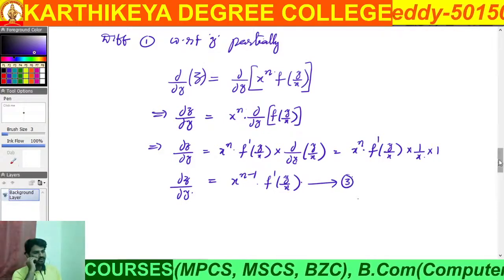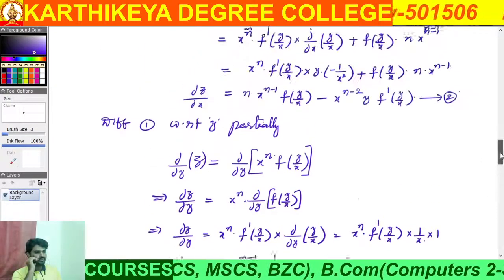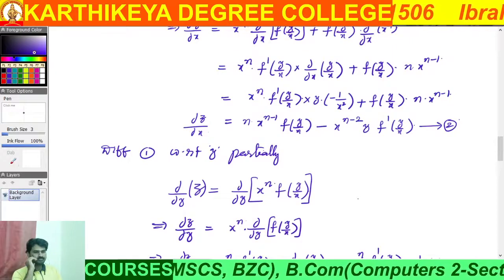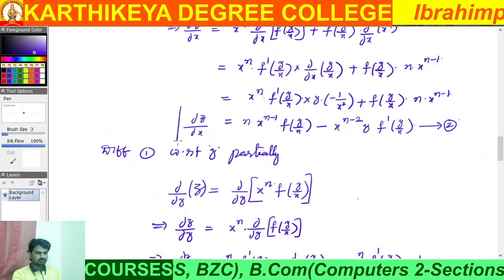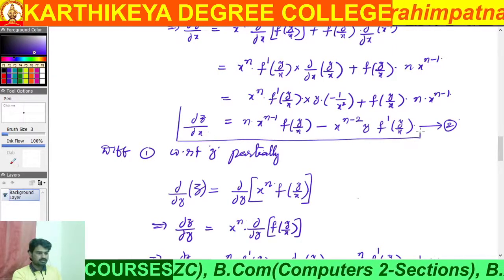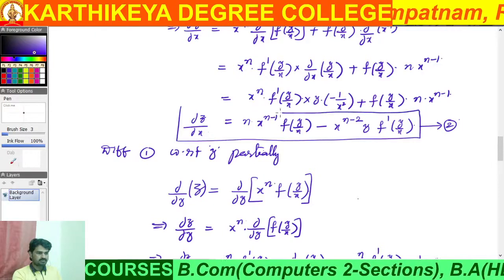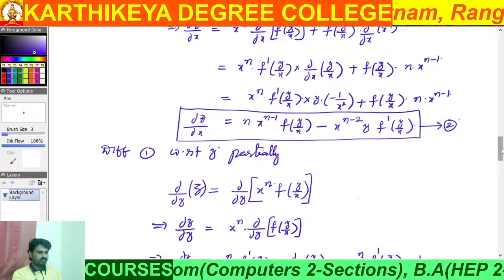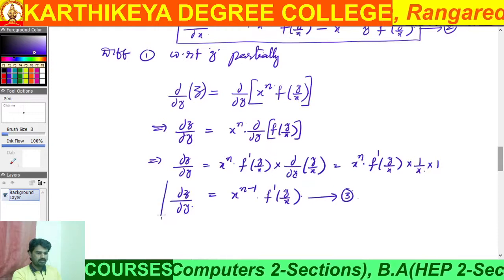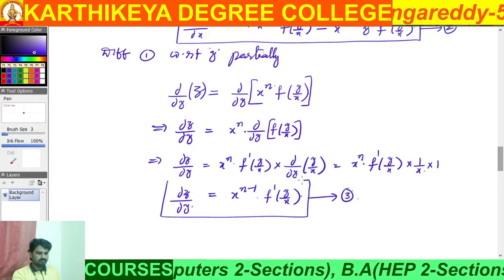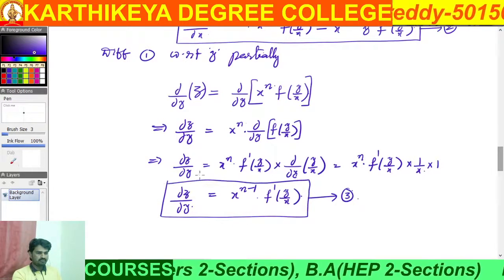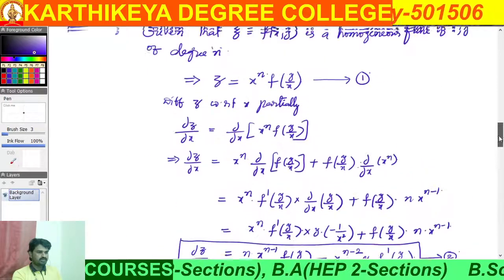So after finding dou z by dou x, and next dou z by dou y, now in the theorem consider the LHS value.